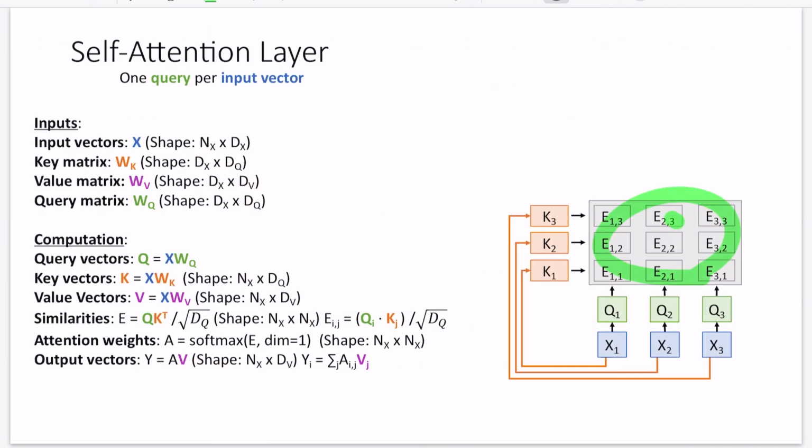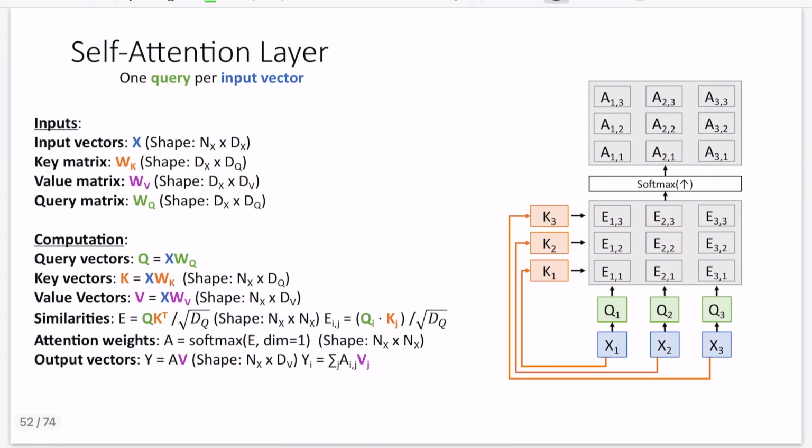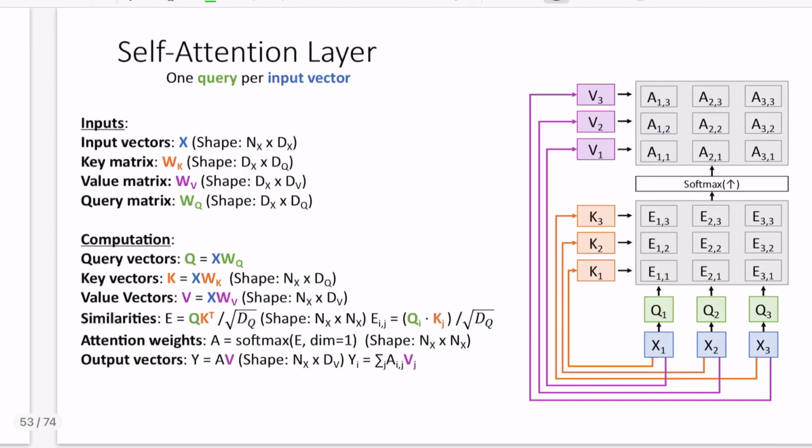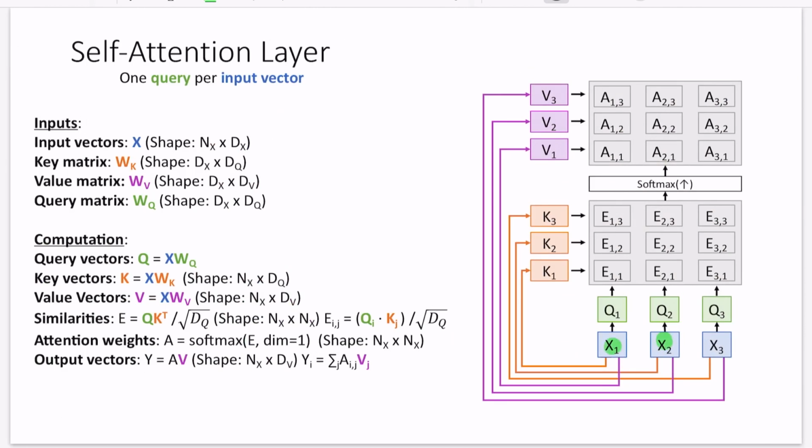Then measure similarity E. Then estimate the attention map, and X is further embedded to V1, V2 and V3 with a value matrix or value MLP, and finally your corresponding outputs Y1, Y2, Y3 are going to be V1 times A11 plus V2 times A12, V3 times A13.